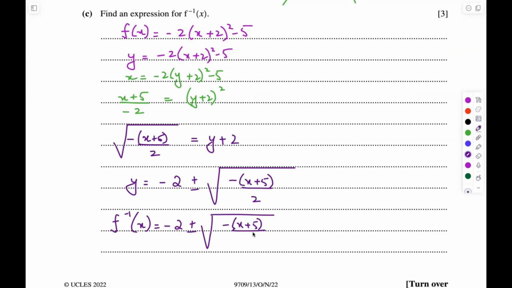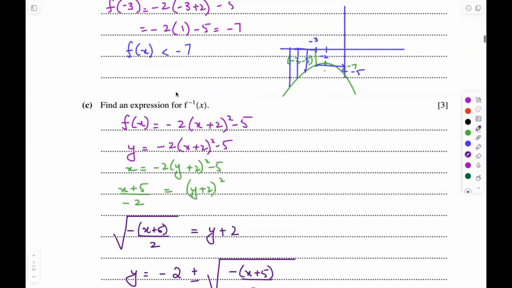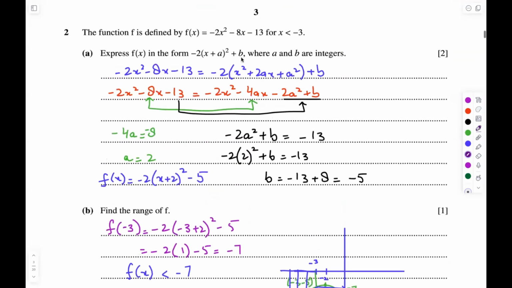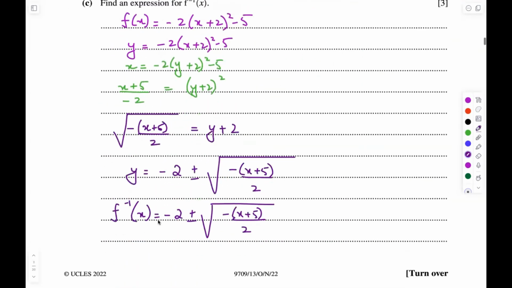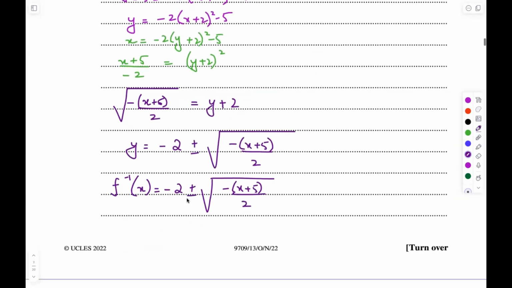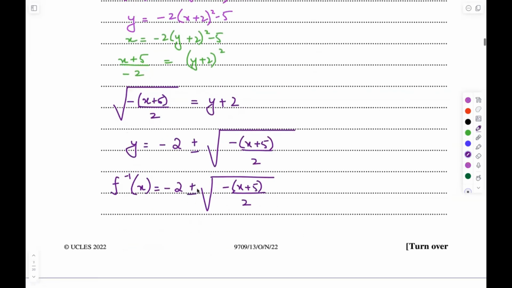However, there is one thing we'll have to be careful about, and that is the domain of the function f of x was x less than minus 3, which means that the range of the inverse function must always be less than minus 3 as well. So if we take the positive sign, minus 2 plus this particular answer, that answer will not be less than minus 3. So in that case, f inverse of x will be possible only if we take the square root with a negative sign.